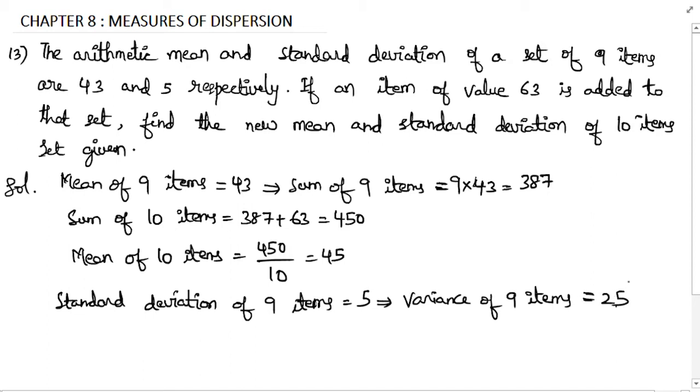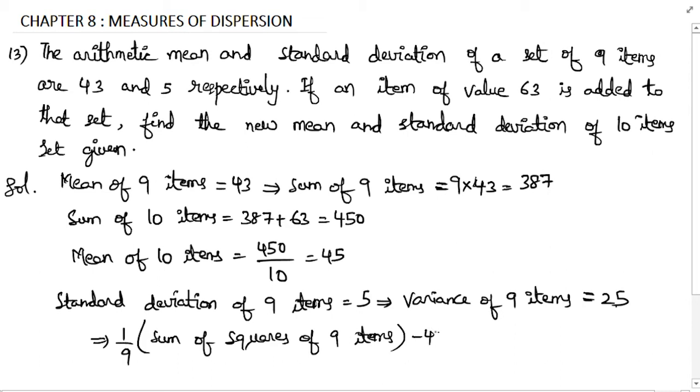So that implies 1 by 9 into the sum of squares of 9 items minus 43 square is equal to 25. This is because sigma square is equal to summation of xi square divided by n minus x bar square. We have a formula, right?